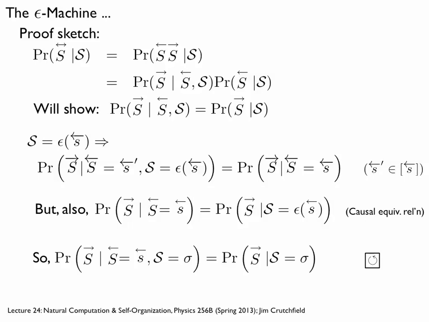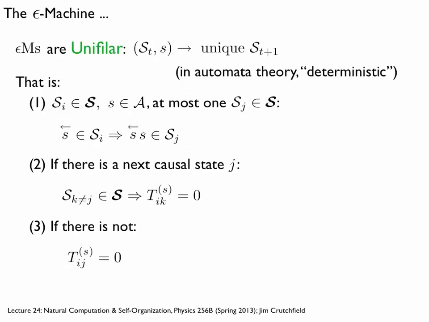Those are the same kinds of information, at least as far as predicting the future distribution goes. Okay, so that gives us the causal shielding idea, which gives us some interpretation of what these causal states are doing, a kind of operational property of causal states.